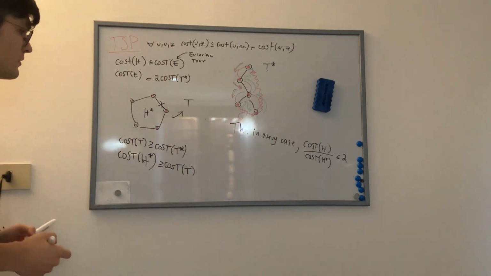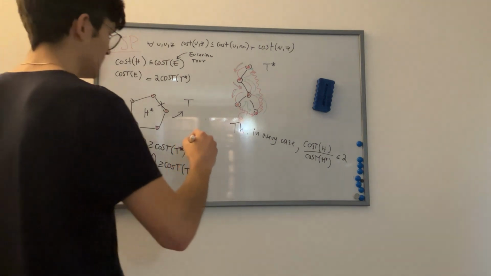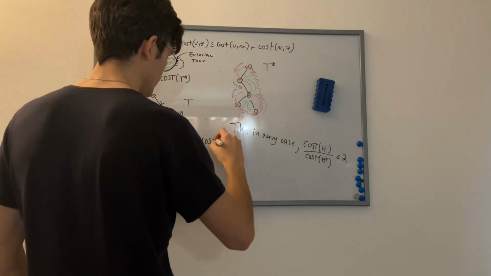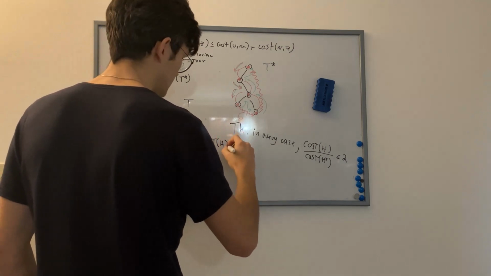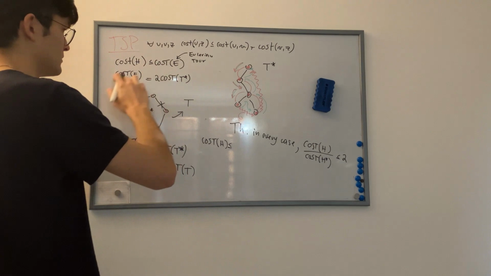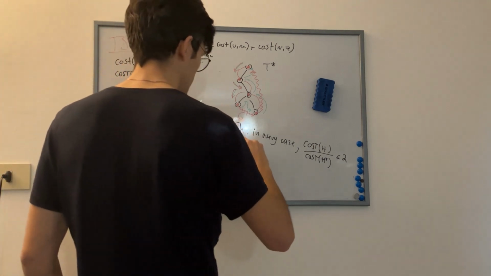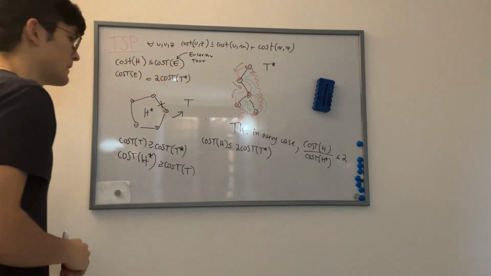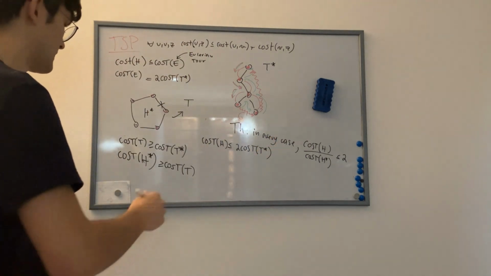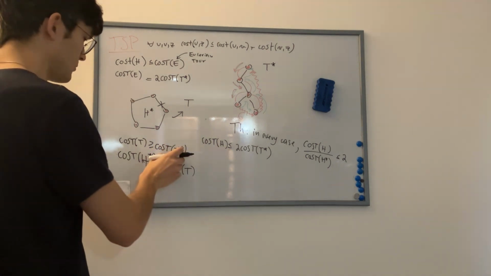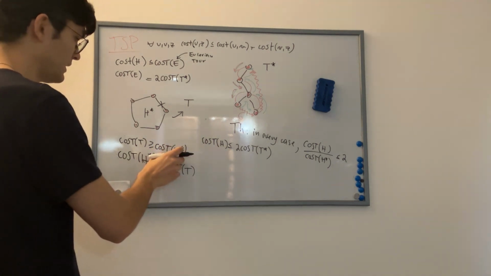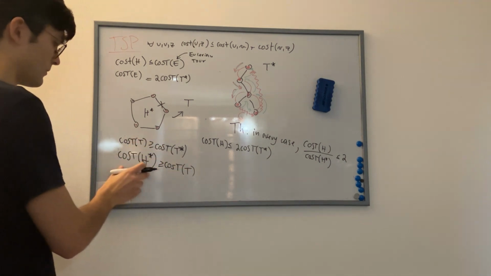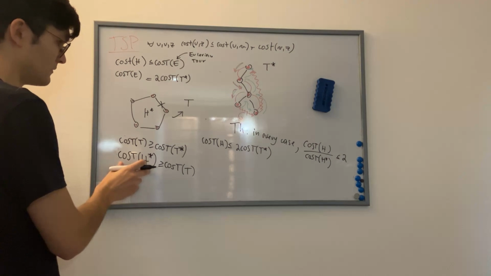Now let's put together everything. We can write that the cost of H is lesser or equal than, instead of writing the cost of E, twice the cost of T star. And now instead of the cost of T star, we can put something greater than it, so the cost of T. But we know that the cost of T is smaller than the cost of H star.